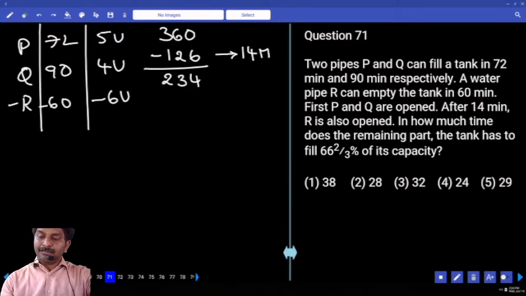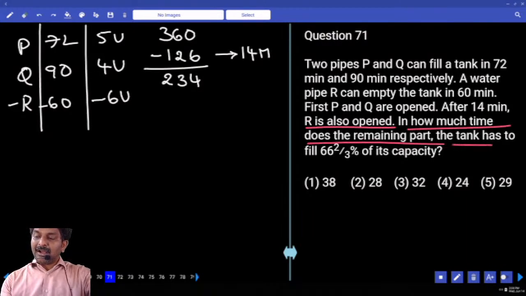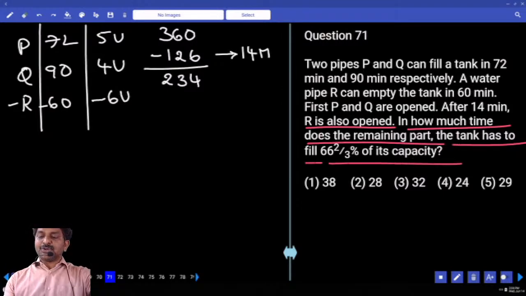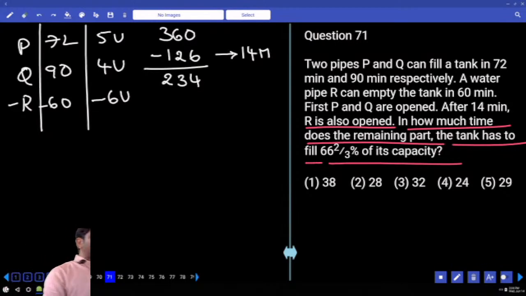Then what happened? R is also opened. In how much time does the remaining part of the tank have to fill 66 2/3% of its capacity? 66 2/3 capacity of the total or the remaining? Remaining. How much is remaining? 66 2/3 in the sense, can I say 2/3?